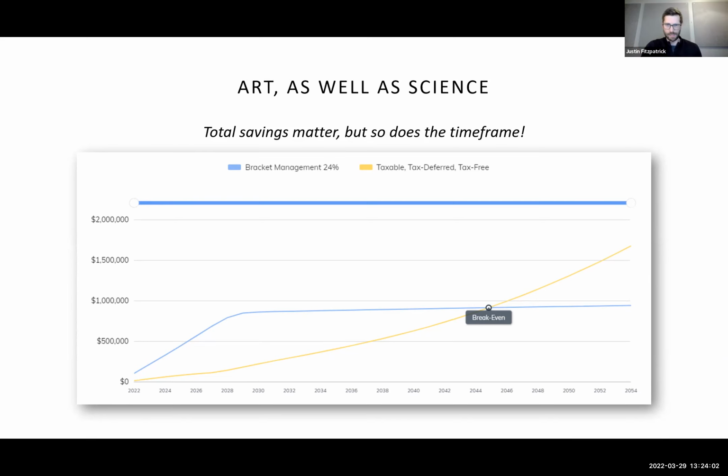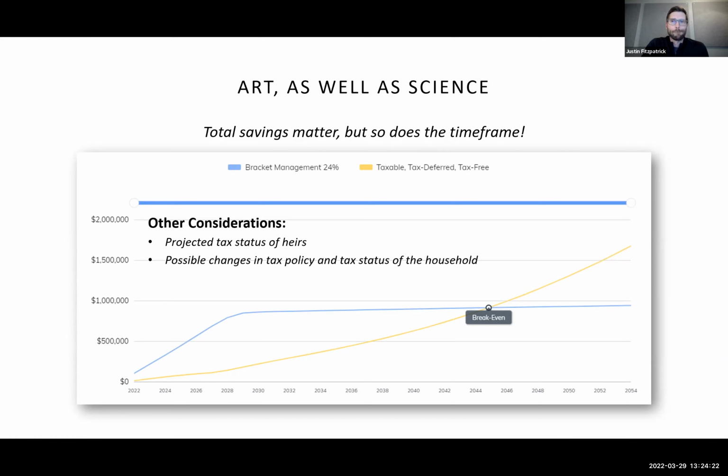So in this case, we see bracket management, the cumulative taxes quickly rise, but then level off, whereas taxable, tax-deferred, tax-free rise slowly over time and eventually become quite substantial, in this case because of RMDs. But it's going to take until about 2045 for that break-even to happen. So that doesn't mean that this is a bad strategy or a good strategy.